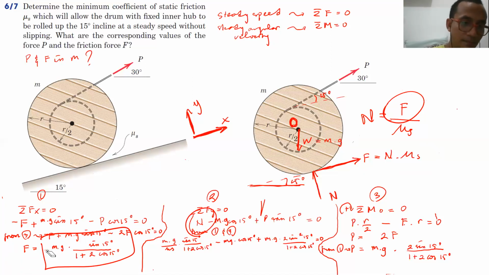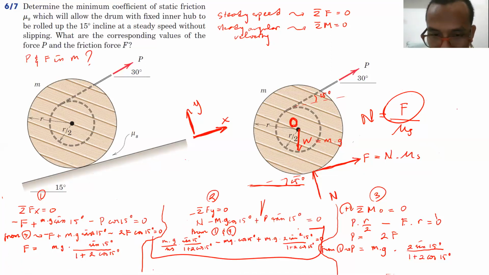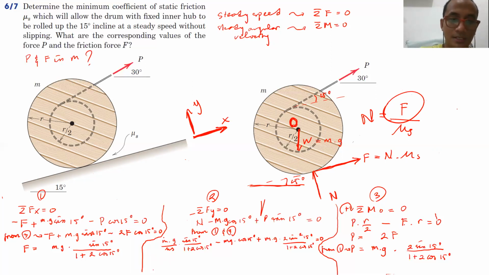That's simple. Then, as you can see, the only unknown that we have here is just mu s. So we can get our value of mu s just by finishing this particular calculation.